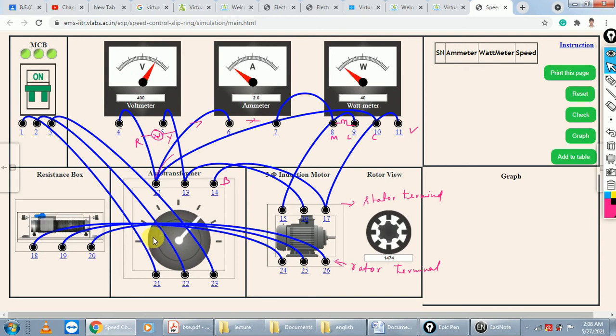The auto transformer sets the rated voltage to the induction machine, and the voltage is 400, and it draws 2.6 ampere current. Okay, and the power consumed is 40 watt.